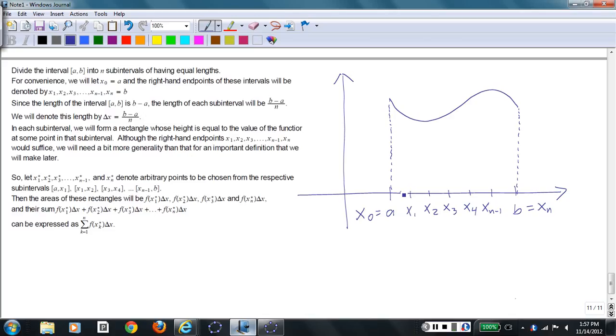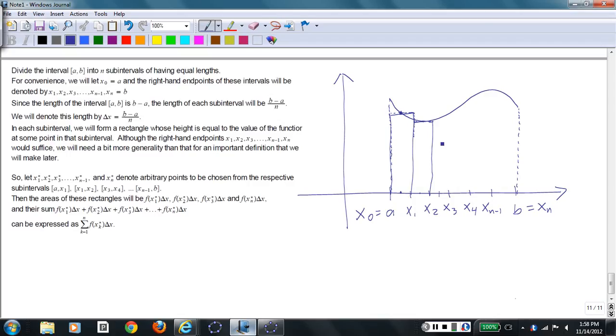I'm going to choose the midpoint here, and evaluate the function at that midpoint, and then draw the rectangle that's directly above this interval, like this. And I'm going to choose this midpoint and evaluate the function there, and then draw the rectangle that's directly above that interval.